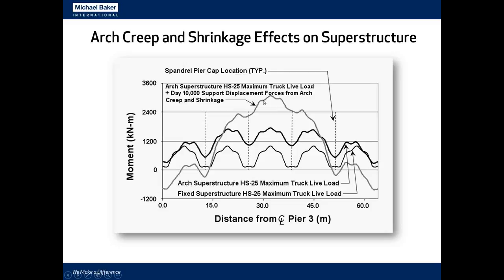So you have a sort of sinking support problem here, which induces additional moments in the superstructure due to those long-term downward displacements of the arch under creep and shrinkage, which then resulted in an even higher moment than you would have if you didn't consider any of these effects and just analyzed the superstructure as being on fully fixed supports. So fully fixed supports, thin black line, versus live load plus creep and shrinkage induced moments in the superstructure from downward displacement of the arch in the gray line.